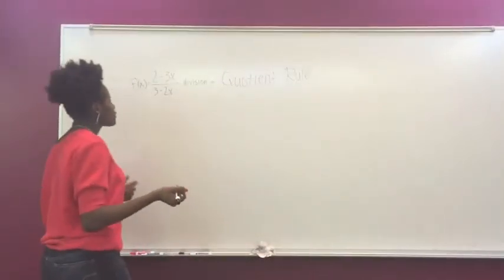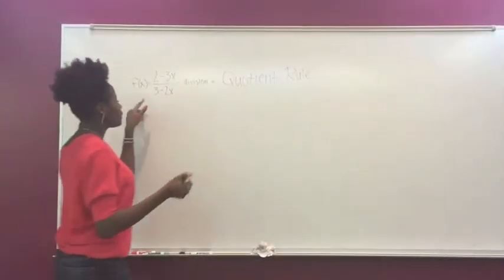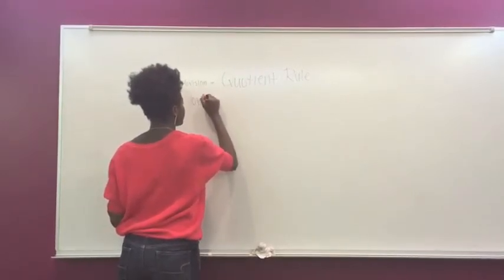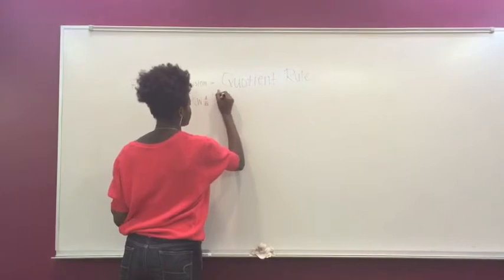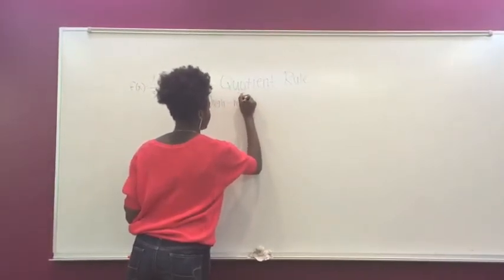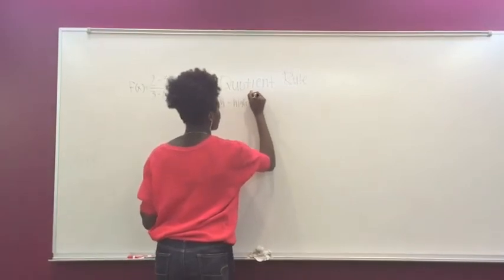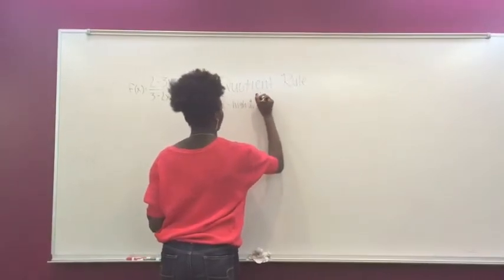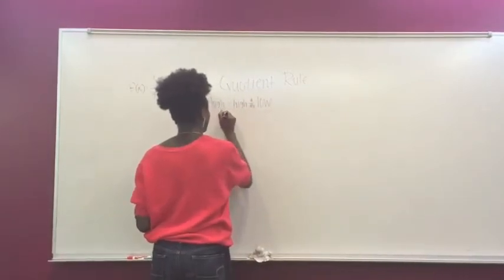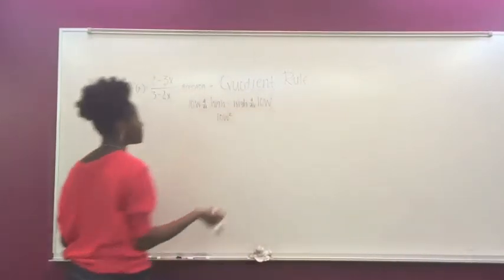Simply stated, the quotient rule, you would do low times the derivative of the high function minus high function times the derivative of the low function over low squared.